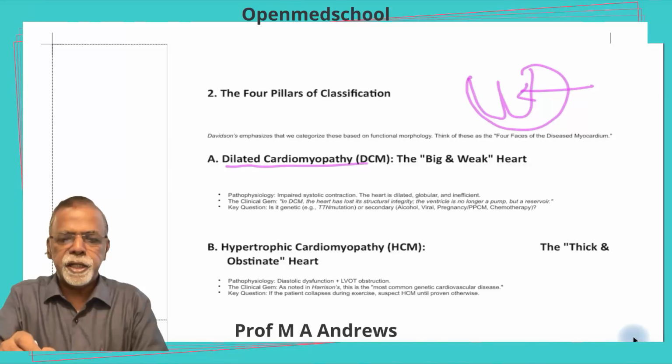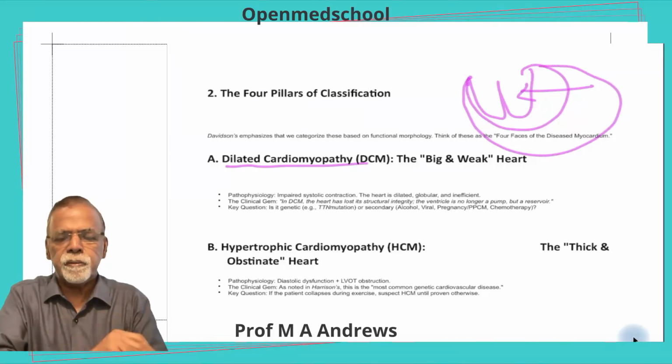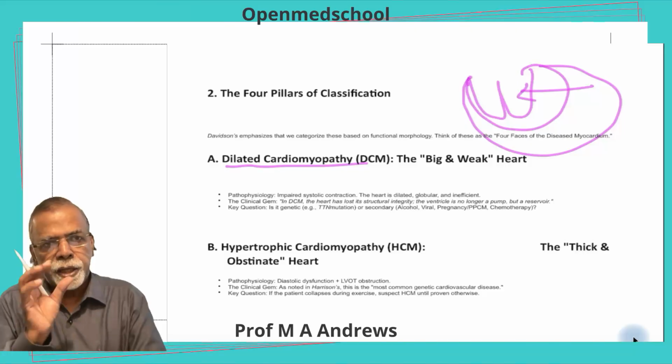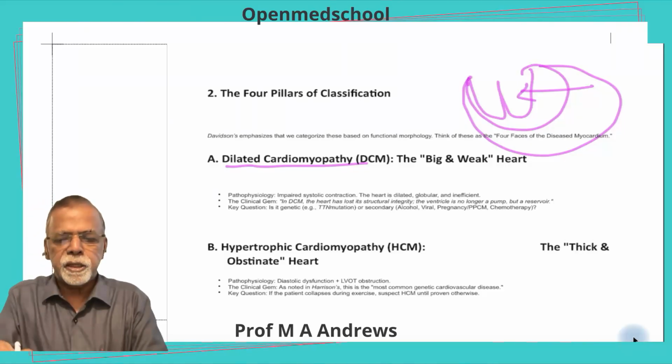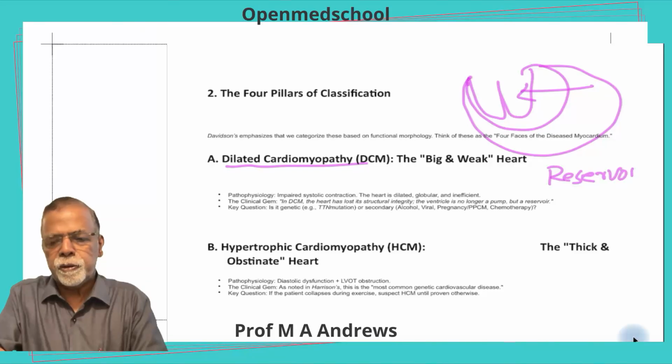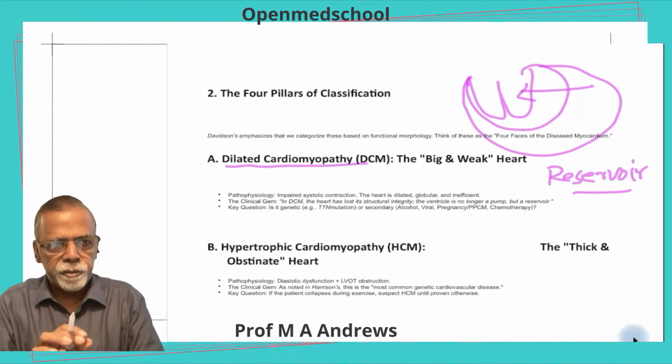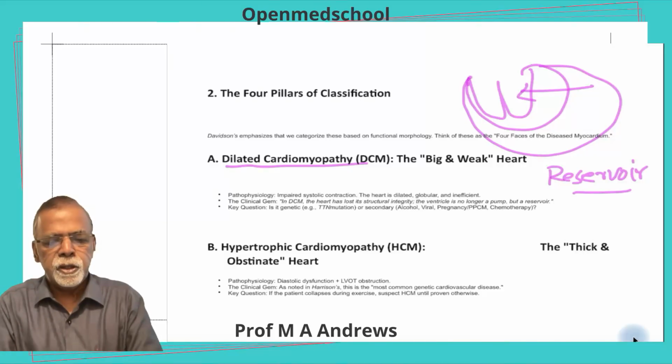The heart is dilated, so it is enlarged, it becomes globular. Rather than acting as a pump, it acts as a reservoir. That is the concept you remember. So the heart is weak, and the pumping is ineffective, so the ejection fraction is less and the patient has a dilated heart.